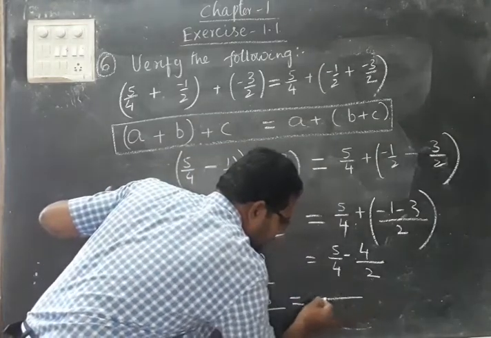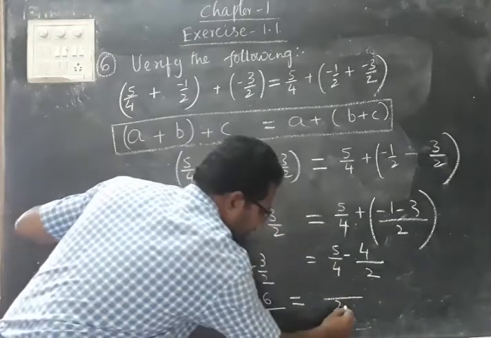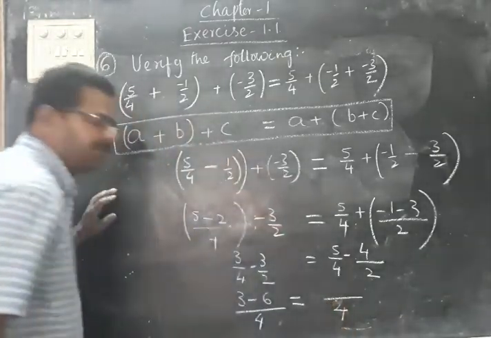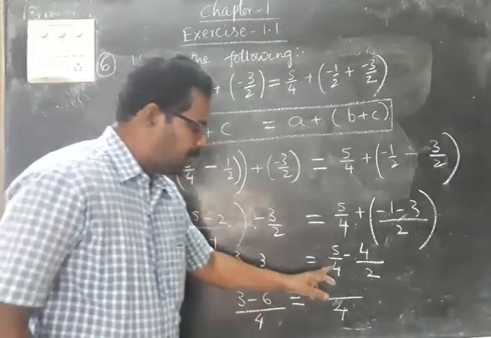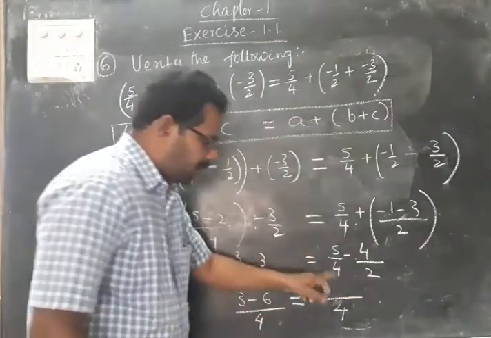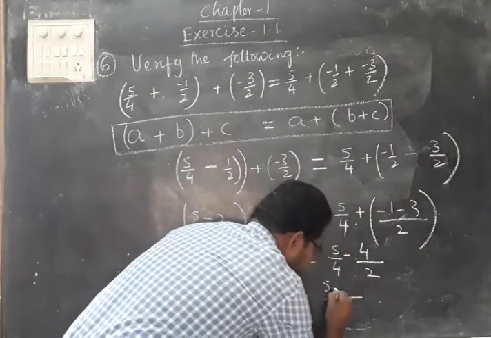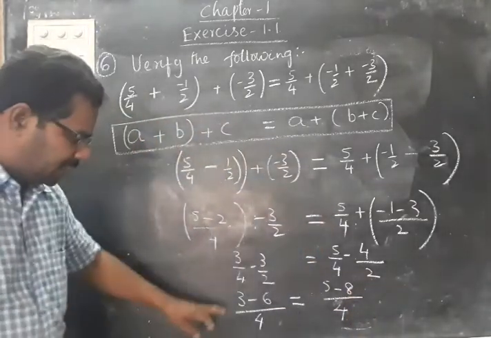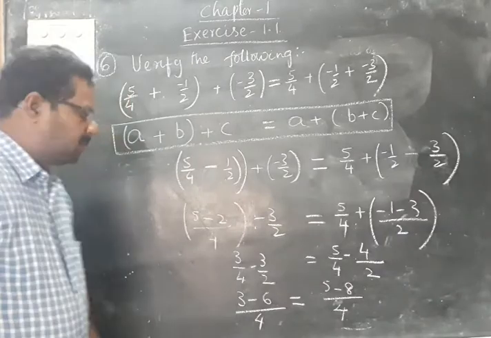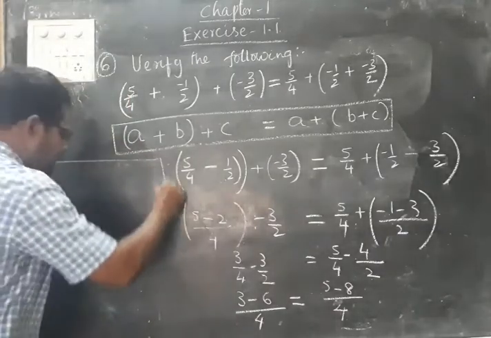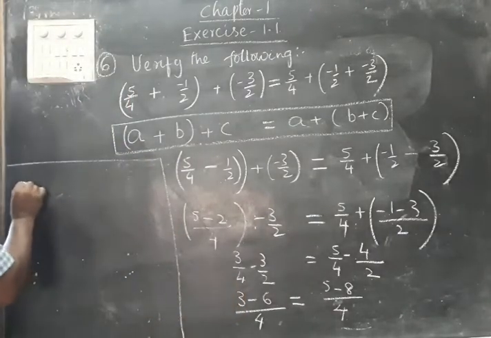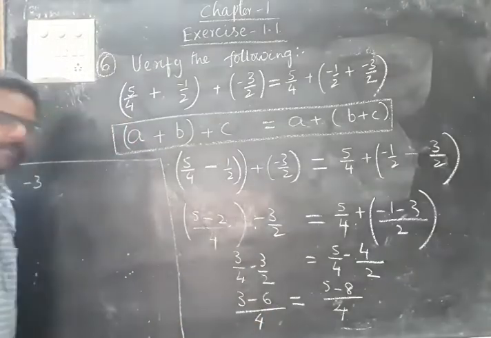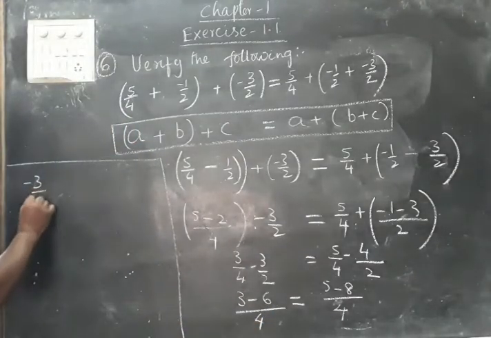Here also the same, 4 is the LCM. 4 1s are 4, 5 1s are 5, 2 2s are 4, 4 2s are 8. 3 minus 6, a small number minus a bigger number, they are subtracted, gives minus 3/4.